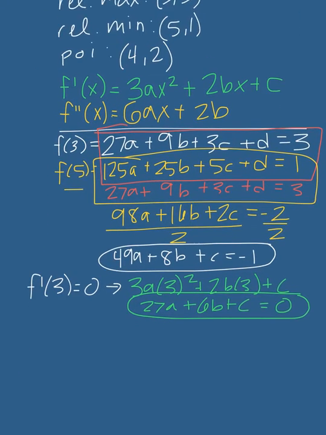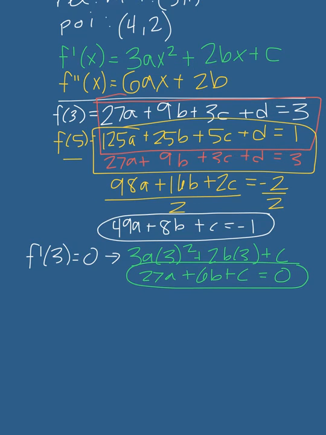They kind of match. The other thing that I know is that there's a point of inflection at 4. Points of inflection happen when the second derivative equals 0. So f double prime of 4 must be 0. And so I'm going to plug in 4 into my x, and that has to equal 0.